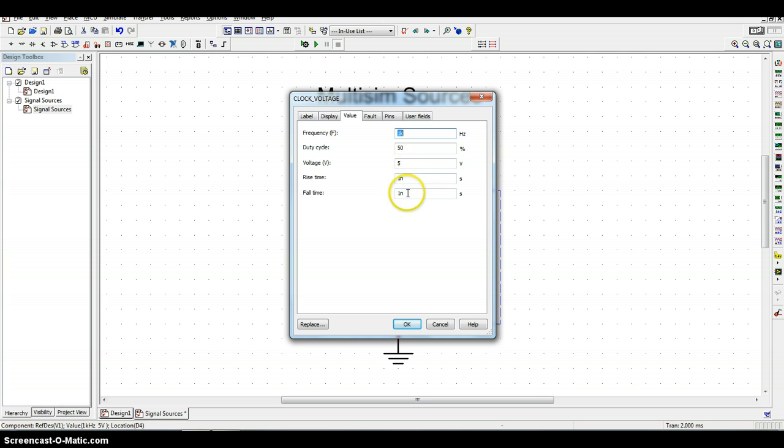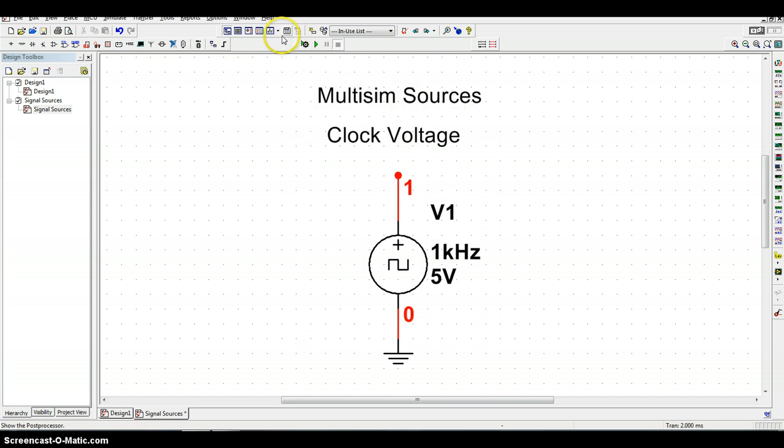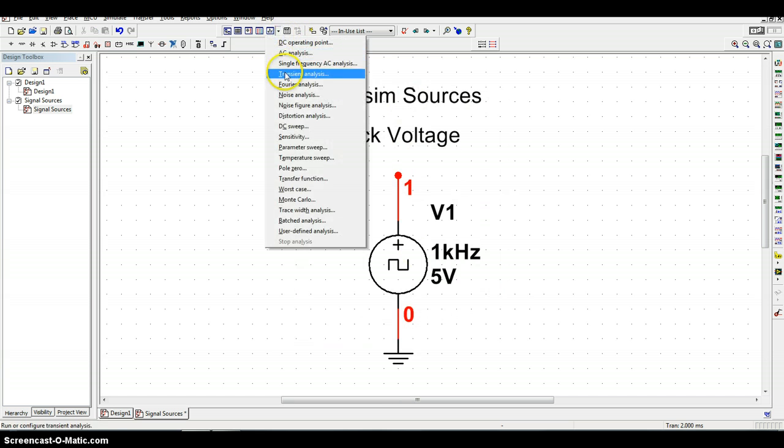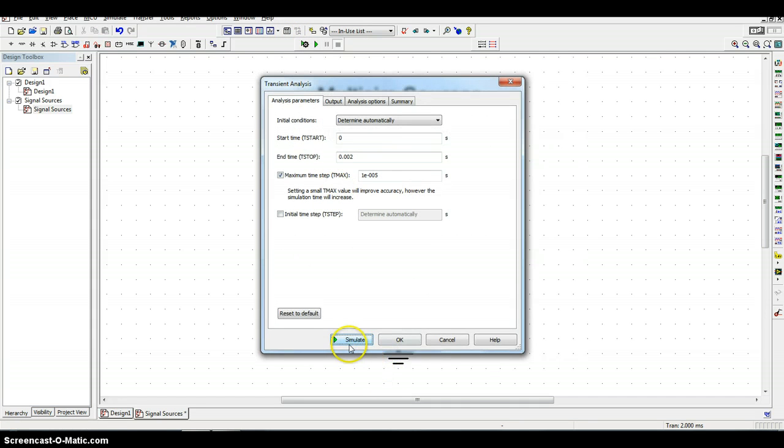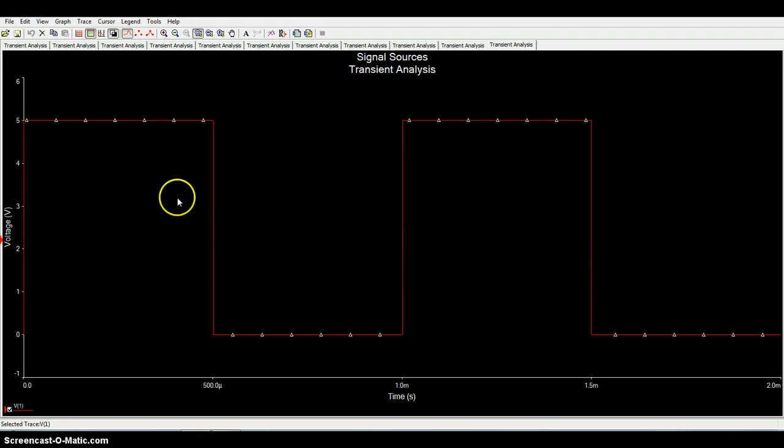There is no offset directly with this particular voltage, so it's primarily used when you only have one polarity. If we click OK on it and do a transient analysis over the same time interval that we have performed for the other waveforms, we get a voltage that oscillates between 0 and 5 volts.